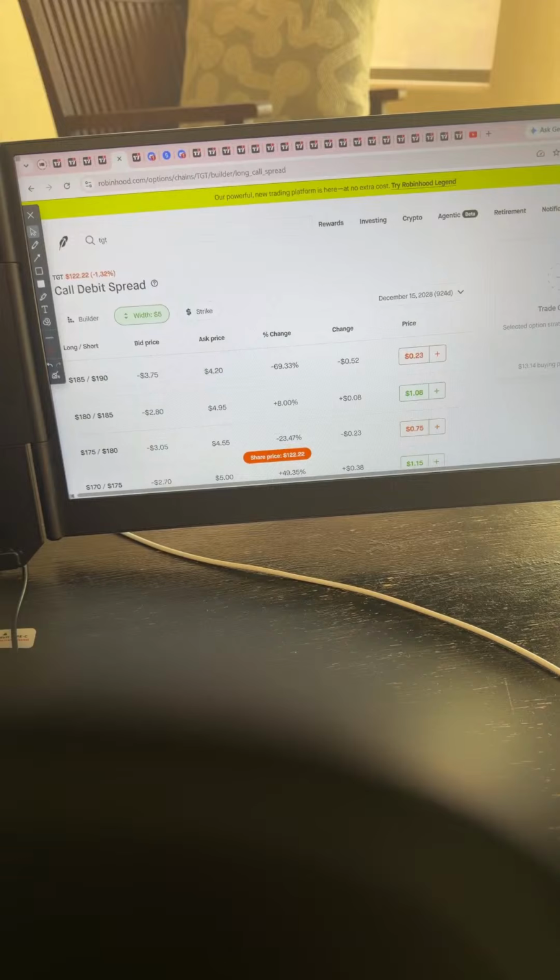They have the bid and the ask really wide. It's 420 and 375. That isn't too wide. On this one, we're looking at live, 185, 190, I have a 23-cent bid, 420 ask.